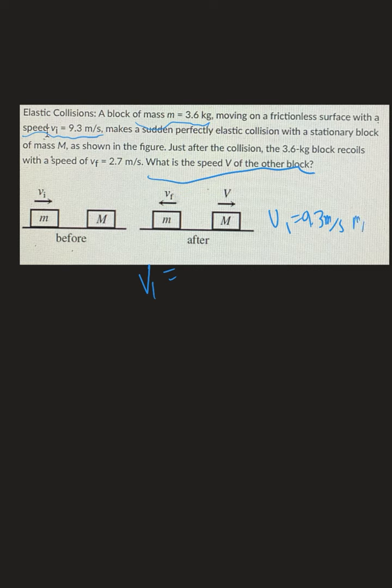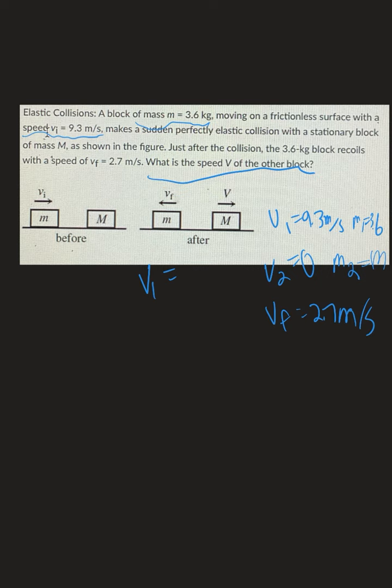That's the mass one, 3.6. Second one is 0, because it is at rest. But we do the mass of the second one, which is going to be represented as m. When it hits the 3.6 block, we close with the final velocity of 2.7 meters per second. We're looking for the speed of the other one when they collide.